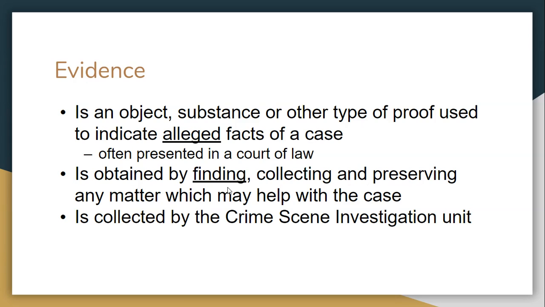Evidence, defined, is an object or substance or type of proof that is used to indicate alleged facts of a case, often presented in a court of law. And it is obtained by finding, collecting, and preserving any matter that may help with the case, and is collected by the Crime Scene Investigation Unit.